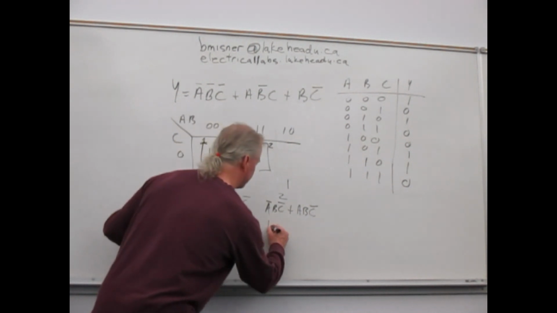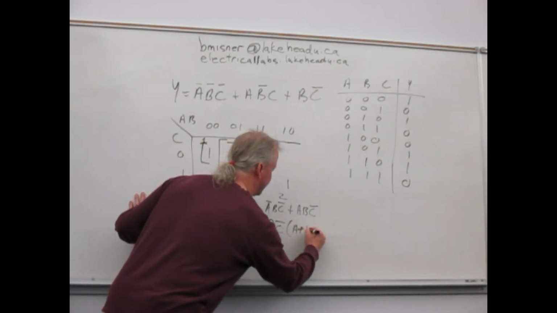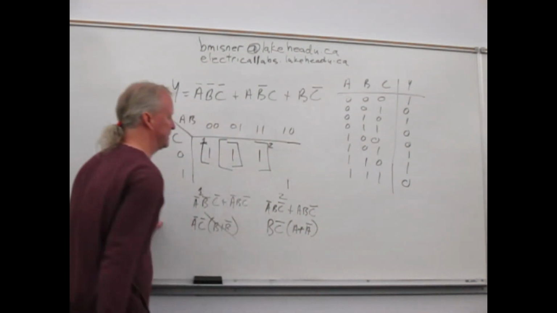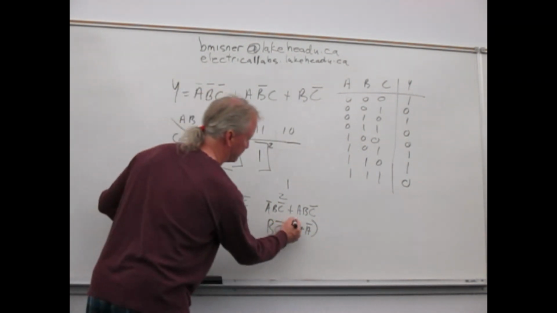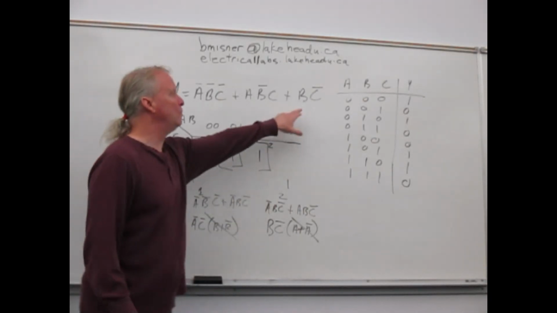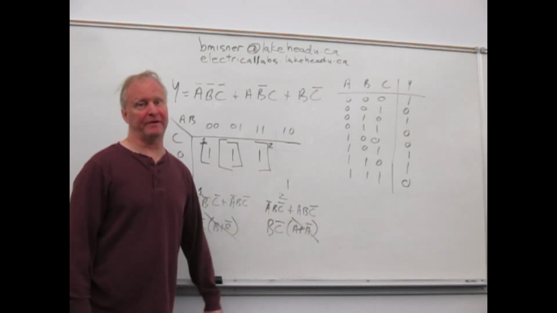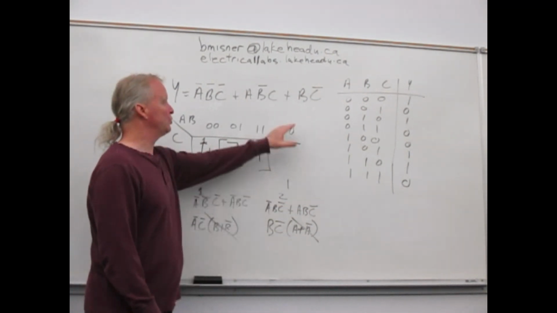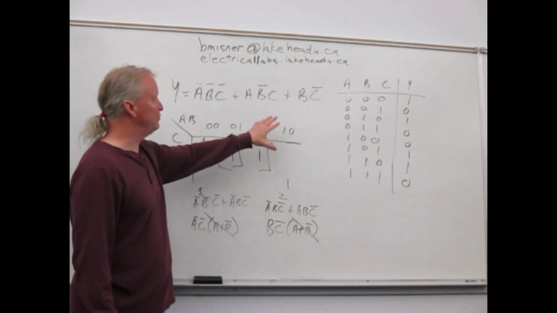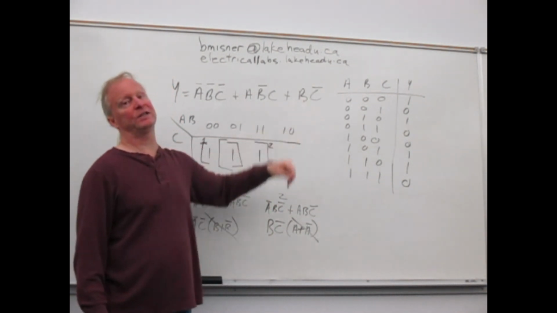So we factor out B, C bar, and then A or with A bar. Again, this term goes. So what we see here is B, C bar. Well, that's that. This had already been somewhat simplified. So when we do our groupings, we found this one simplification that was already done.